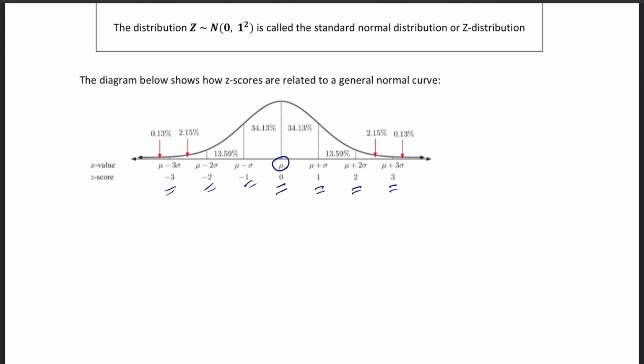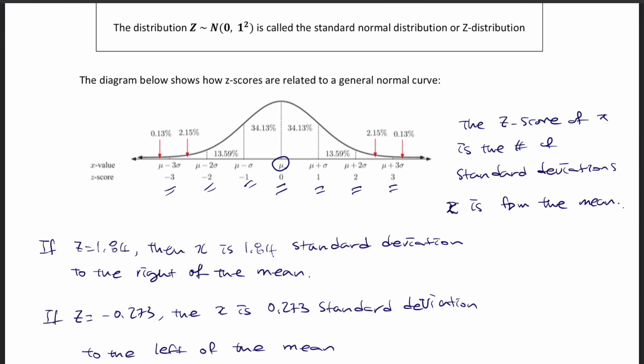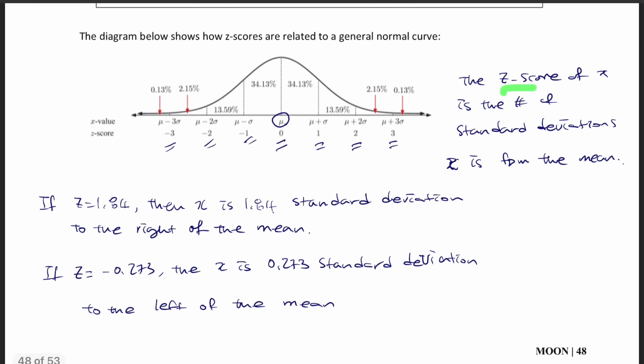Okay, so when you look at this diagram, notice that the value of the z-score corresponds to the coefficient of the standard deviation in the x value, right? So in that case, we can say that the z-score of x is the number of standard deviations x is from the mean.